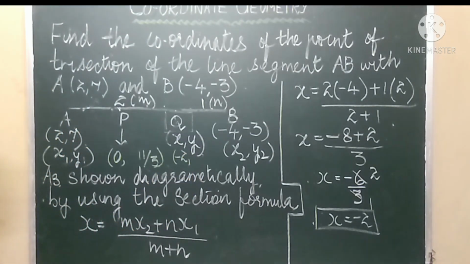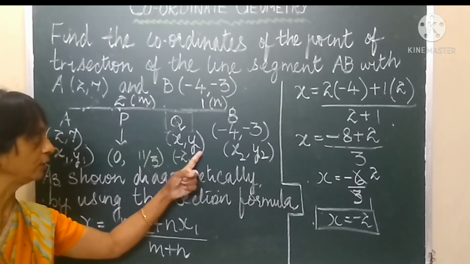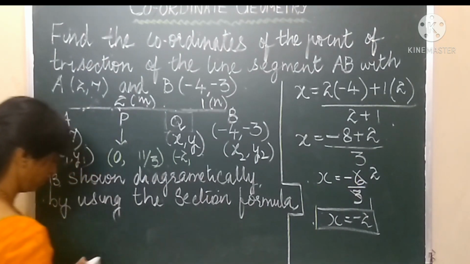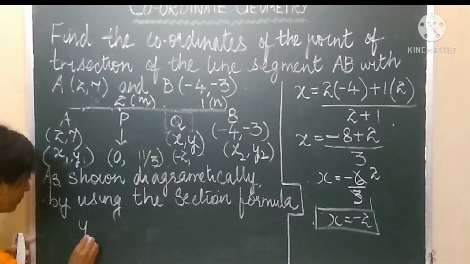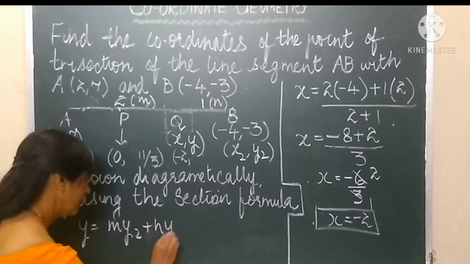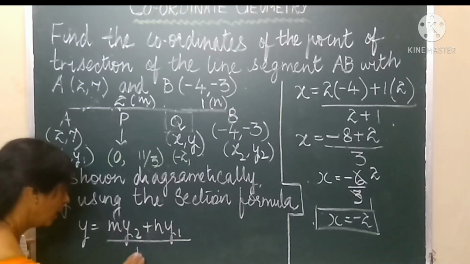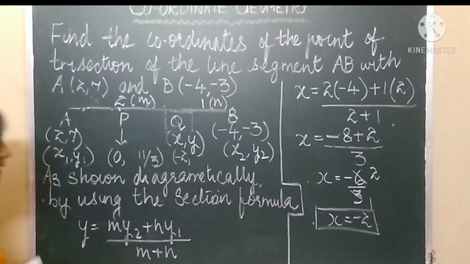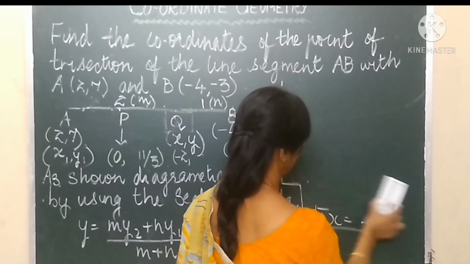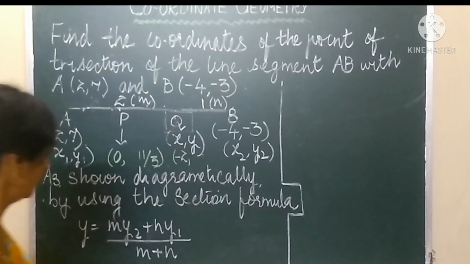Now, to move on to calculate the last value, that is the y coordinate of point Q, let's change the section formula. So y is equal to m y2 plus n y1 upon m plus n. On the same grounds, let's substitute and calculate.